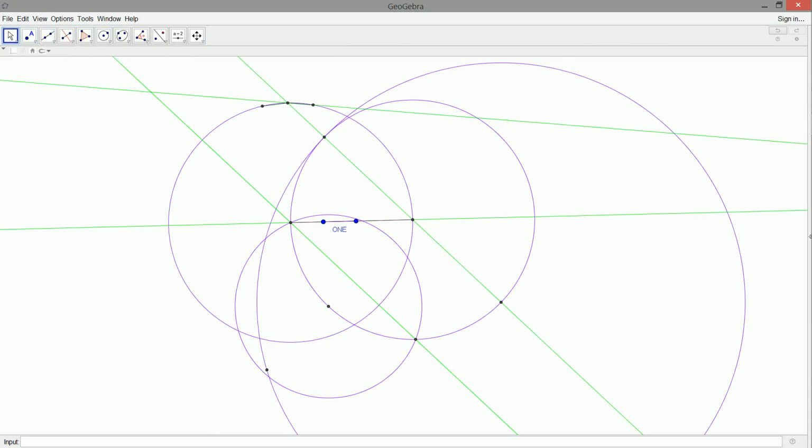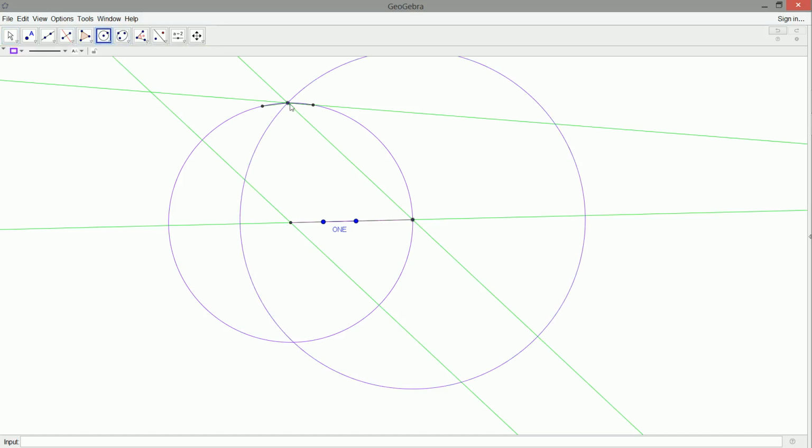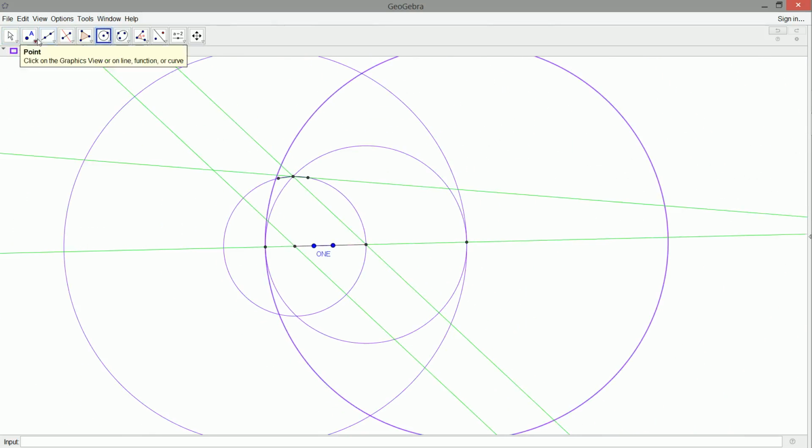So let's clean up a little bit. Alright, and we'll get a big circle here. Okay.